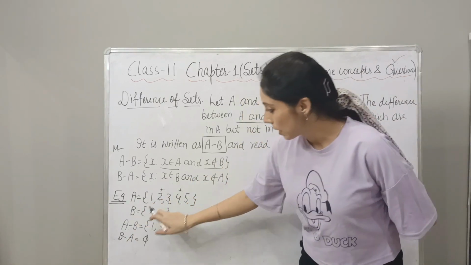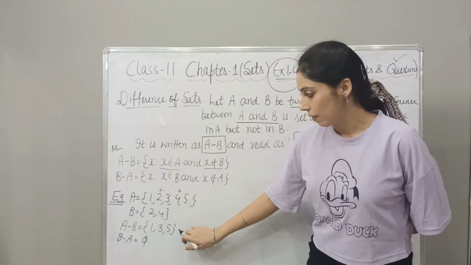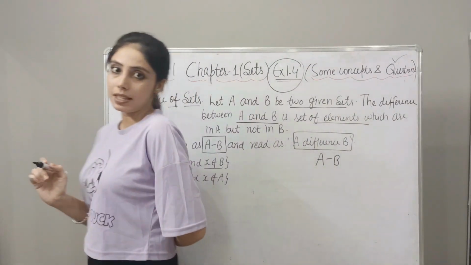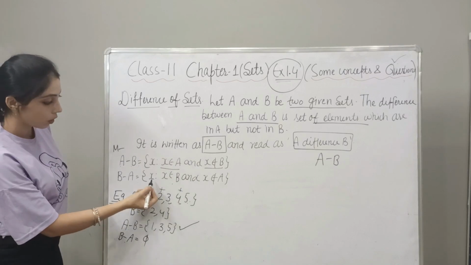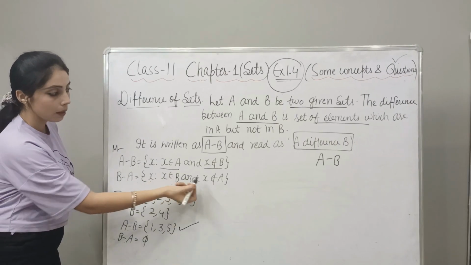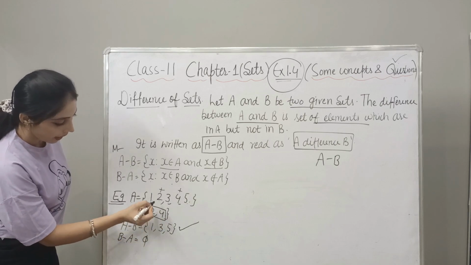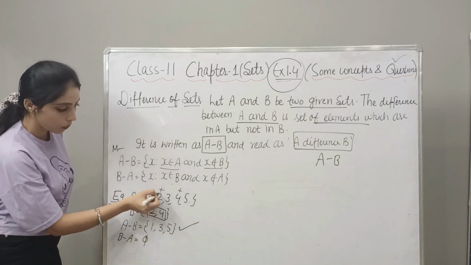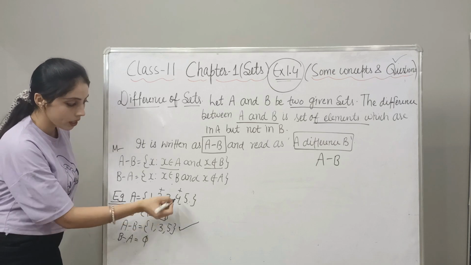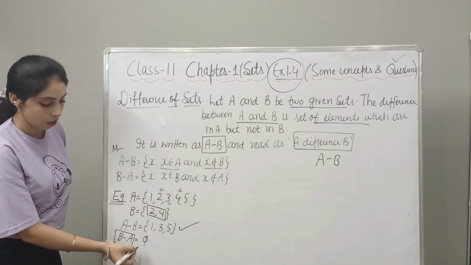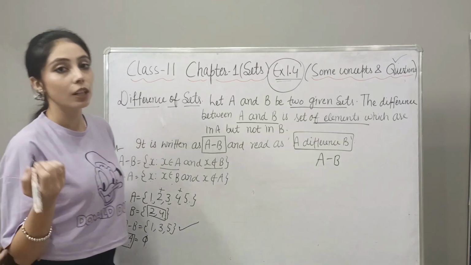So A difference B contains 1, 3, 5. This will be the answer. So what about B minus A? B minus A will contain those elements which are in B but not in A. But this is a small set, and 2 is already in A, 4 is already in A also. So B difference A is equal to the empty set because this will contain no element.